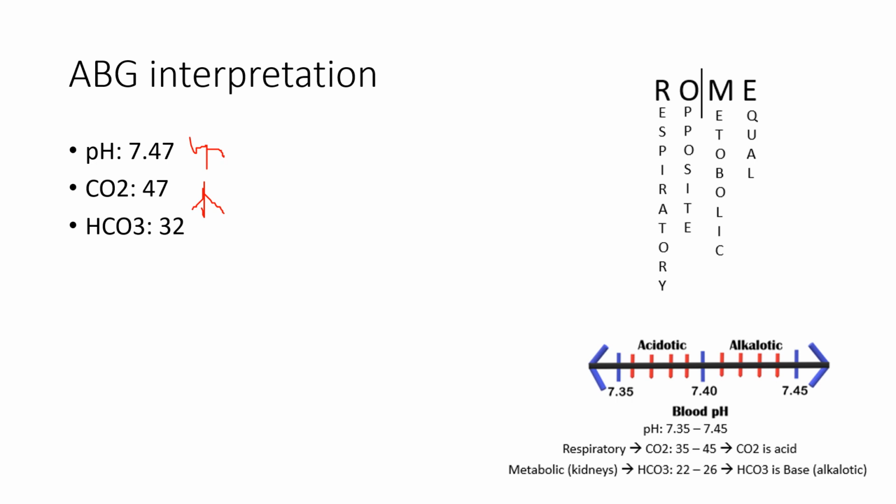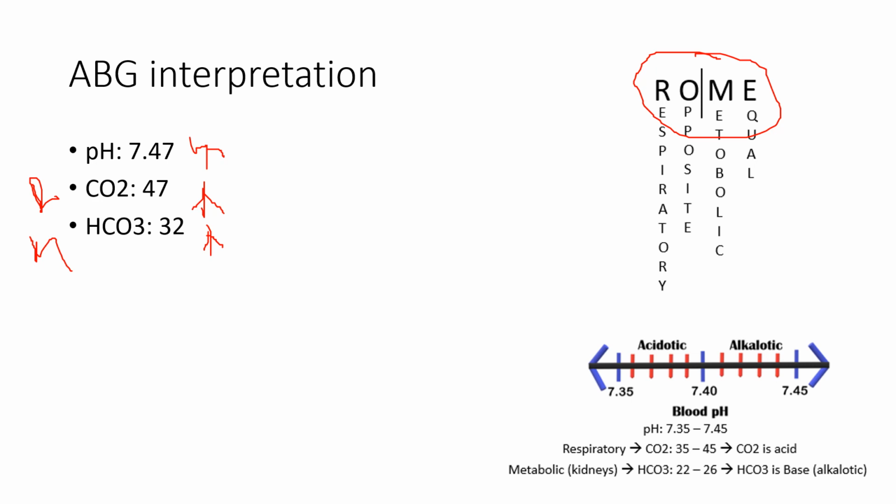That is high. So now I'm going to go back over and look at my respiratory opposite, metabolic equal. Keep in mind that when my arrows are facing the opposite way, it's respiratory, and when they're facing equal, it's metabolic. My CO2 is respiratory, my HCO3 is my metabolic.